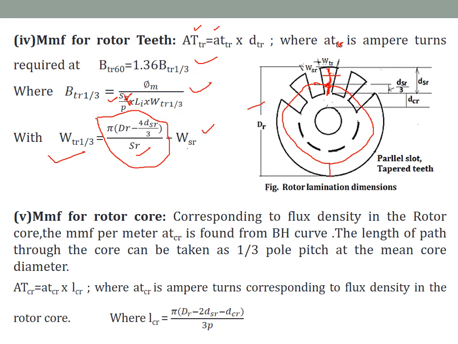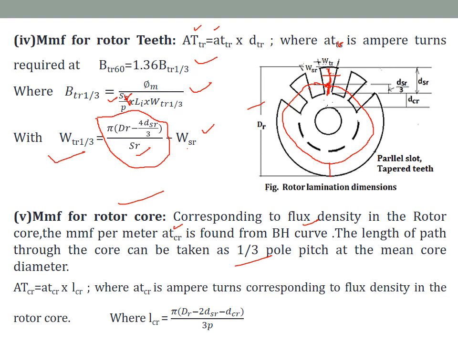Now coming to finding MMF for the rotor core. Corresponding to flux density in the rotor core, the MMF per meter, this small ATCR, is found from the BH curve. The length of the path through the core can be taken as one third pole pitch at the mean core diameter.